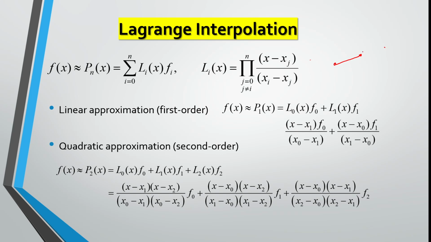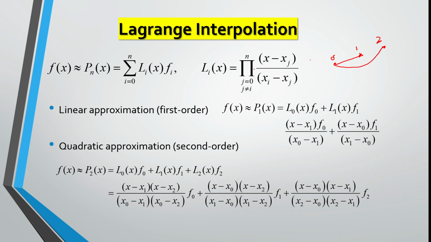If we add one more point, it becomes a quadratic approximation. For quadratic approximation, n will be 0, 1, 2. You have the points 0, 1, 2. So you have L naught f naught plus L1 f1 plus L2 f2. Compared with the linear approximation, for quadratic, L naught consists of 2 products here.